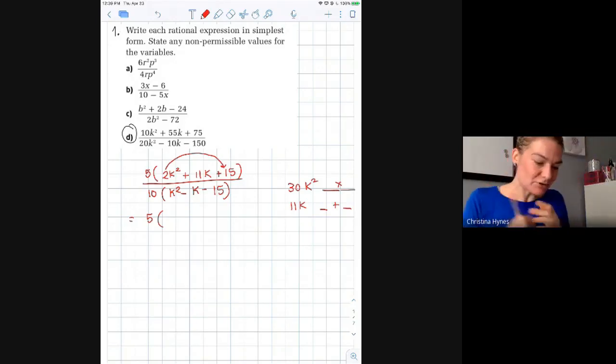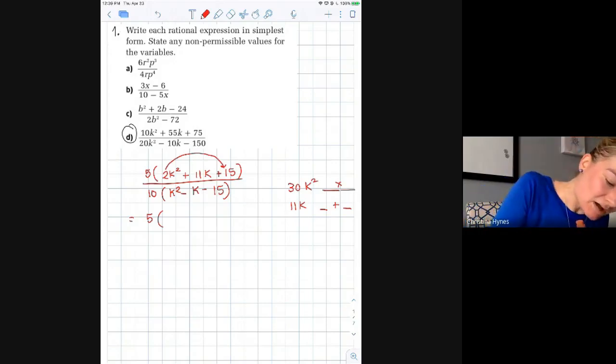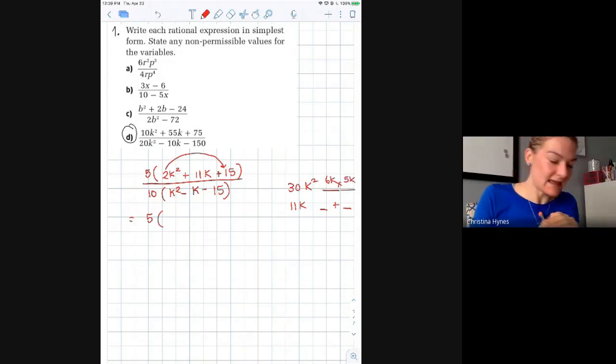Okay, so the numbers would be, let's see, 6 and 5, right? So we have positive 6k and positive 5k. They both add to 11k.